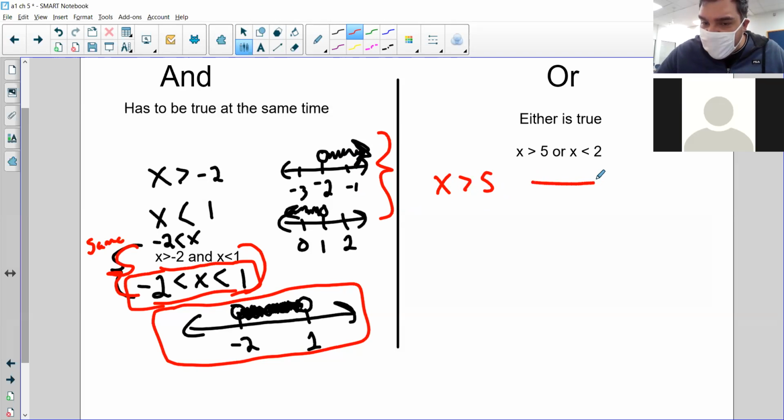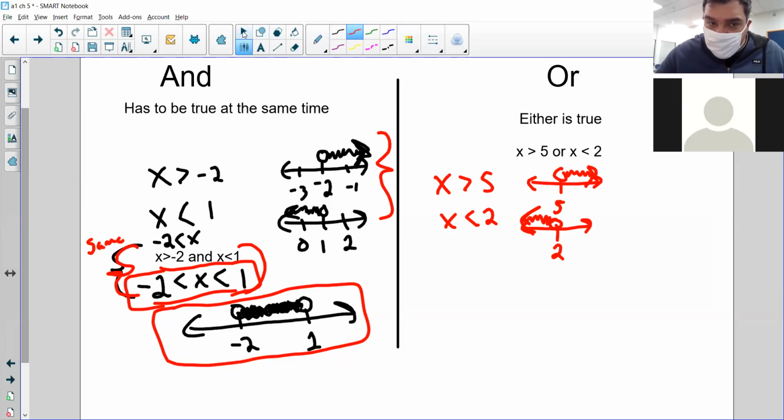But X is greater than 5. You have a number line here. 5 is in the middle. X is bigger than 5, so an open circle and it goes to the right. And then you have X is less than 2, which is another number line. 2's in the middle. Another open circle, and we go to the left too, because it's less than 2.